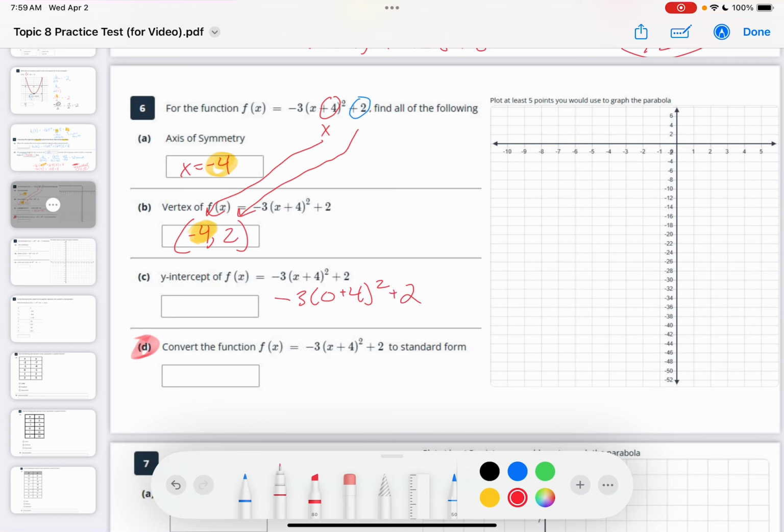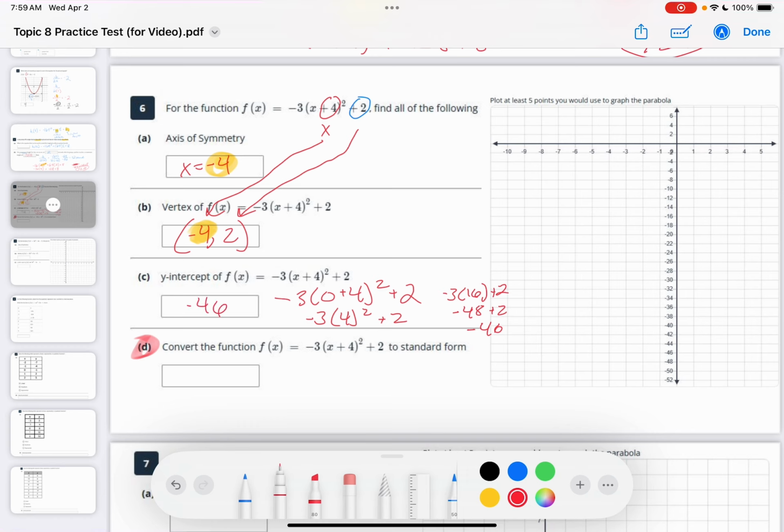So 0 plus 4 is 4, so 4 would be here. Then we would square 4, which is 16. So we'd have negative 3 times 16 plus 2. Negative 3 times 16 is negative 48. And negative 48 plus 2 is negative 46. So I currently think it's negative 46.